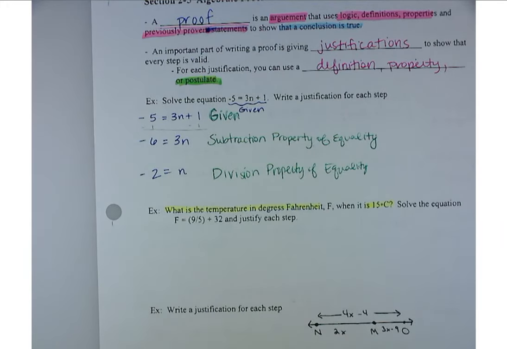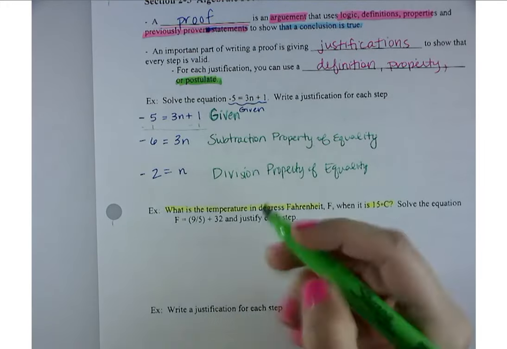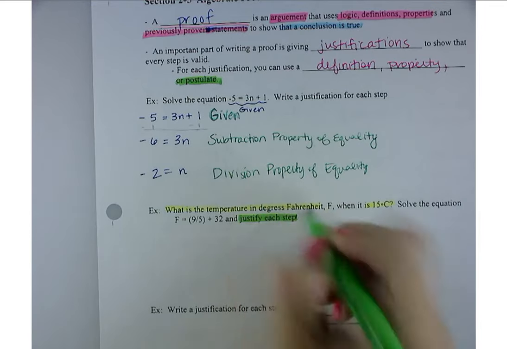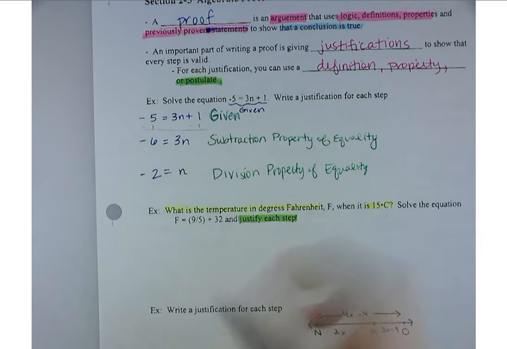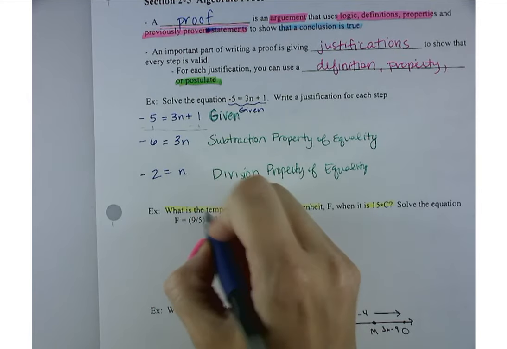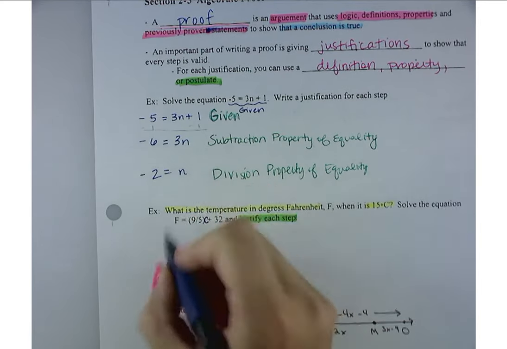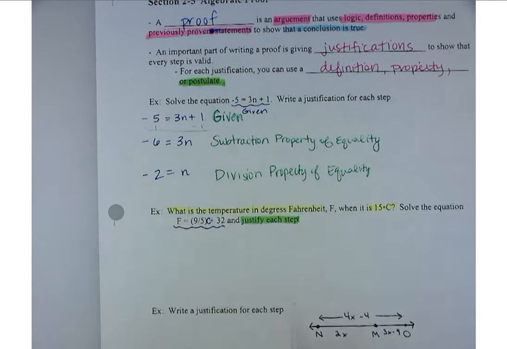And then we have to make sure that we solve the equation and justify each step. This should have a C in it. This should be a C here. Okay, so solve the equation F equals 9/5 C plus 32. And then we're going to justify each step.